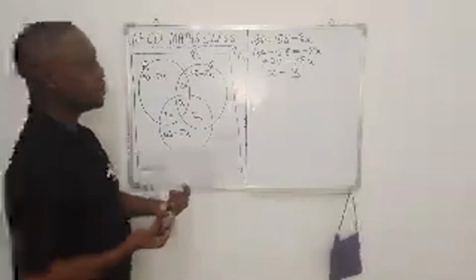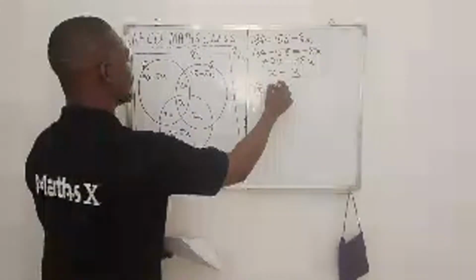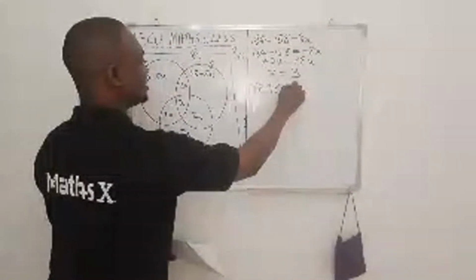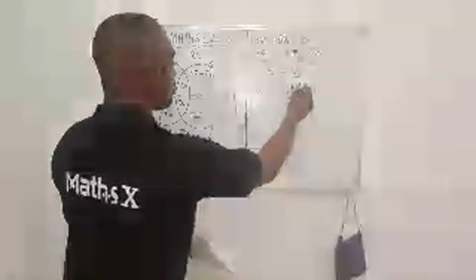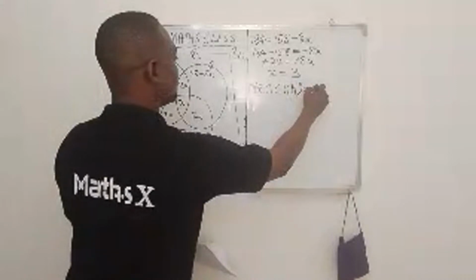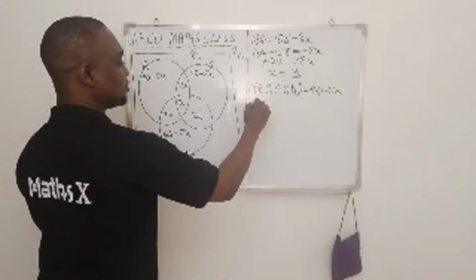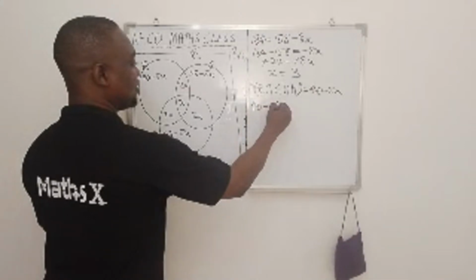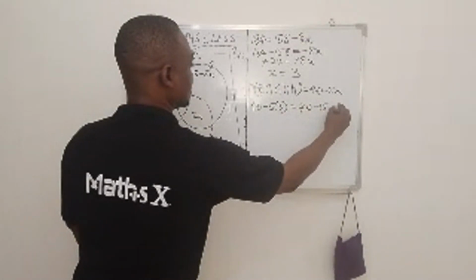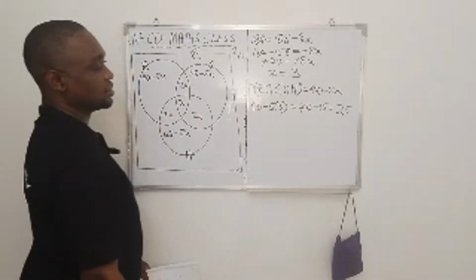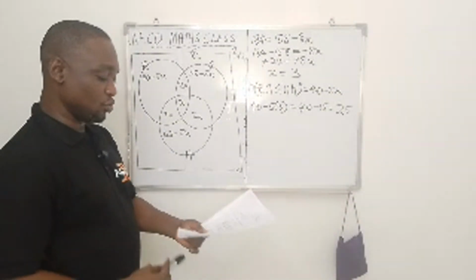So, like we said earlier, n of economics intersection G complement intersection government complement intersection geography complement is 40 minus 5x. So going by that, 40 minus 5 bracket 3, which is 40 minus 15, we're talking about 25. So 25 students study economics only.